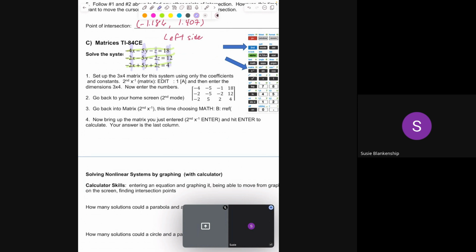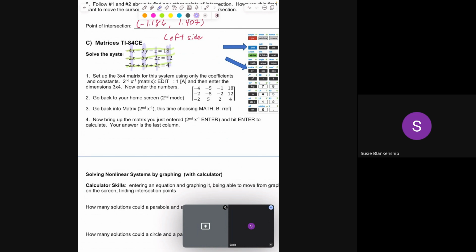Notice that everything that does not have a variable attached to it is moved to the right side, and all the variables are on the other. Also notice that this is in alphabetical order. Okay.